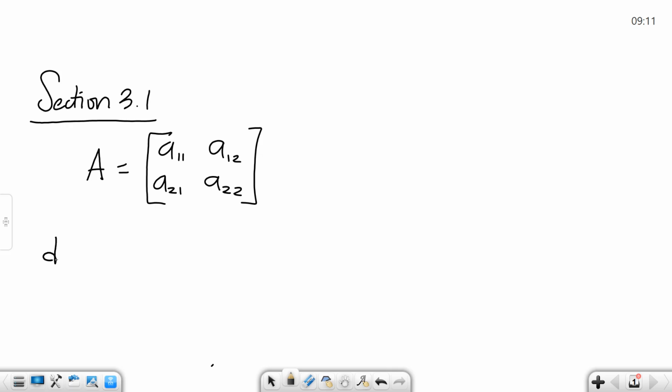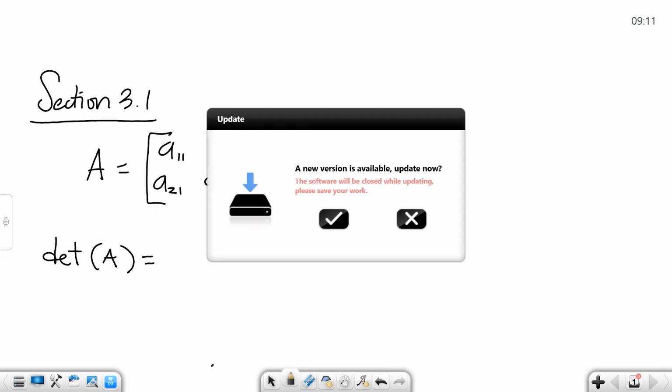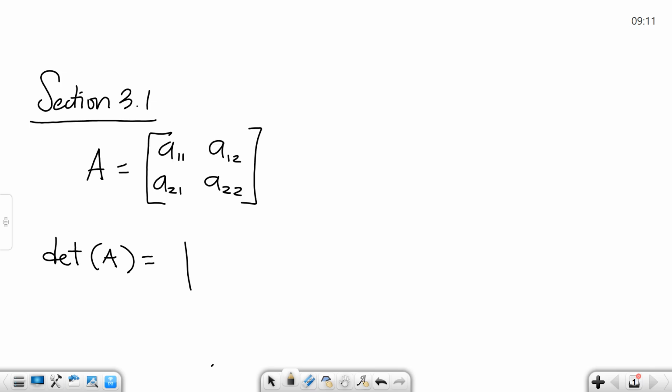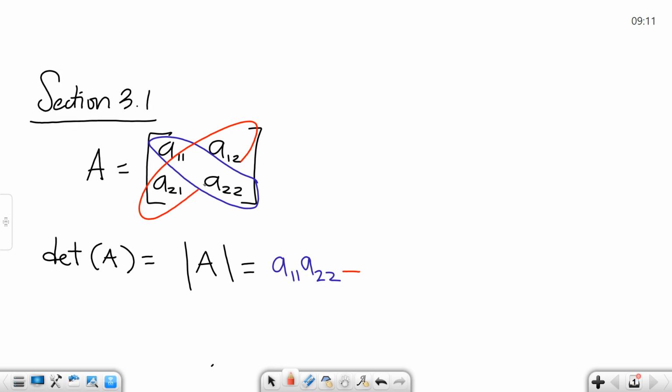So the determinant symbol can be written like this. That's your symbol for determinant. It can also be written like this. That's also a symbol for determinant. So you may see it either way. When you find the determinant, remember that you take your principal diagonal, which would be a11 a22, minus your secondary diagonal, the product, which would be a12 a21.